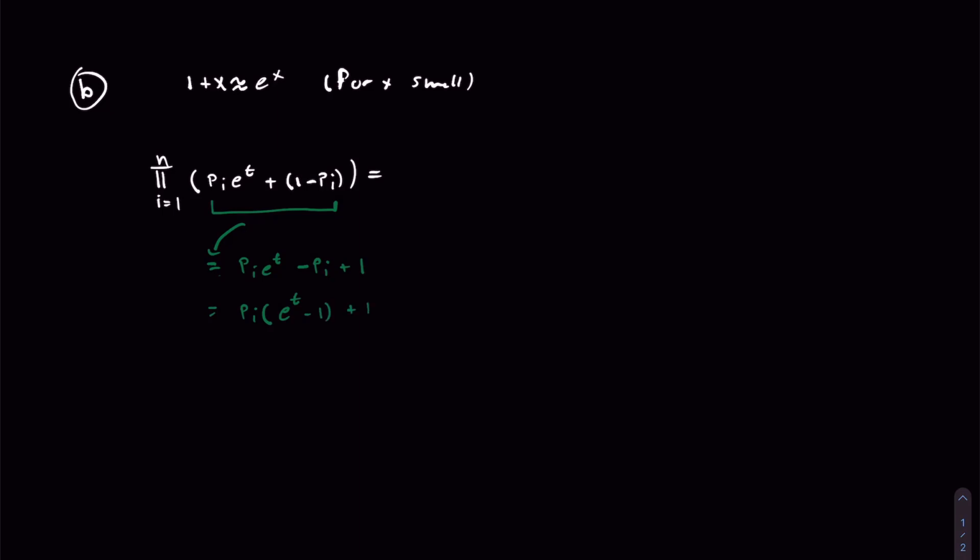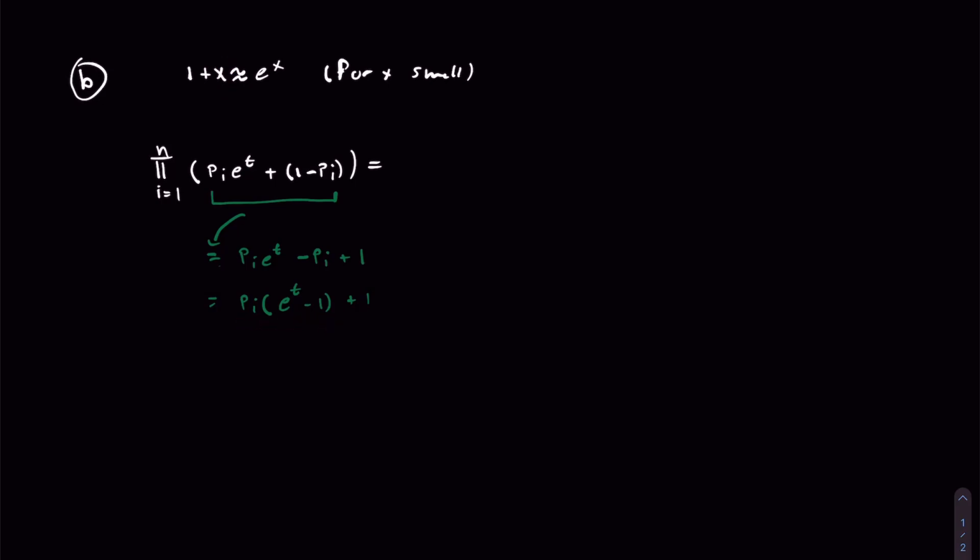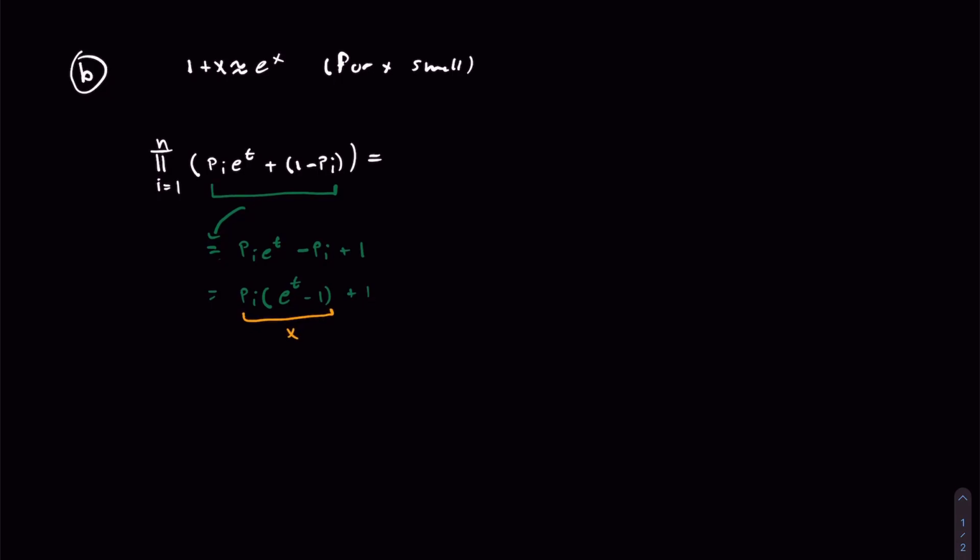plus 1. Now this pretty much looks like this thing here, where x is all of these terms here. So this is x. Alright, so we can now write it out like the following.